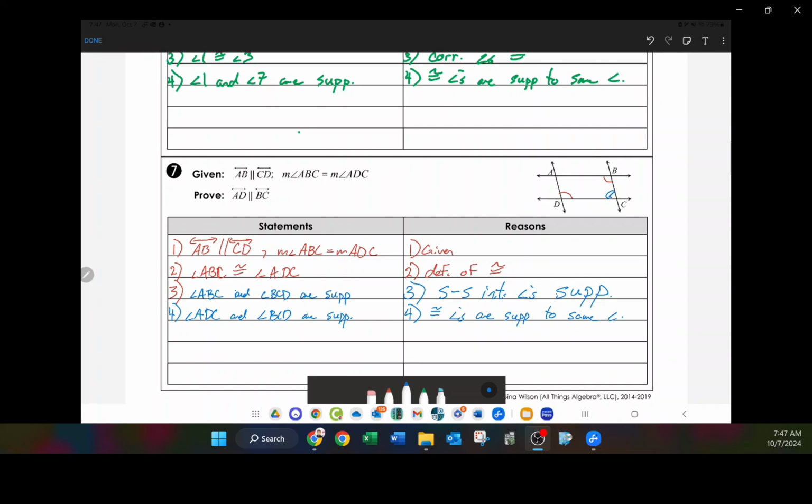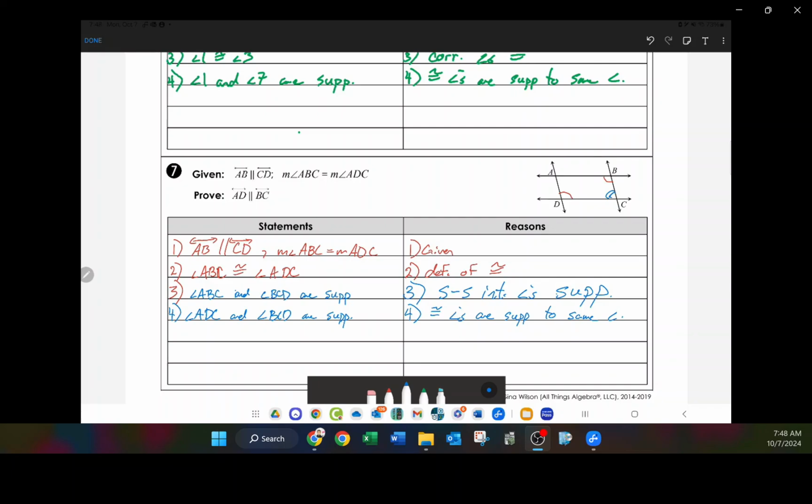Again, I just write out what that means. It is called the supplementary angle congruence theorem. That one goes forwards and backwards. If two angles are supplementary to the same angle, they're congruent. If two angles are congruent, they're supplementary to the same angle. That's a biconditional statement, so it works forwards and backwards.